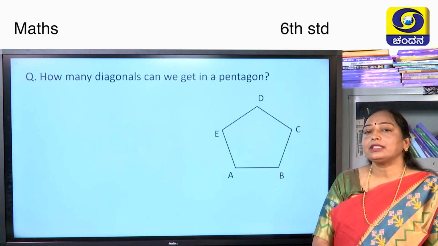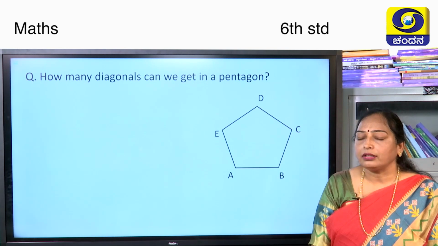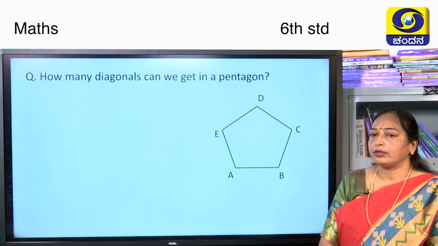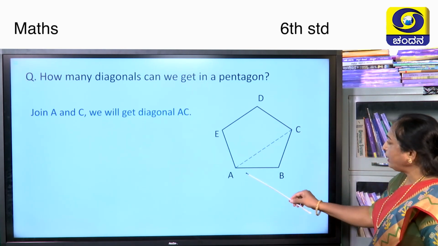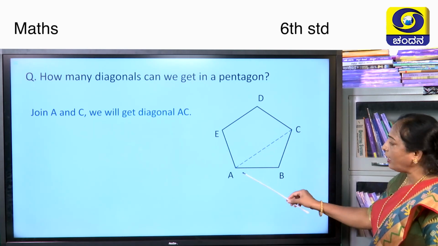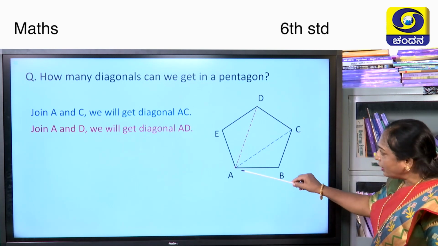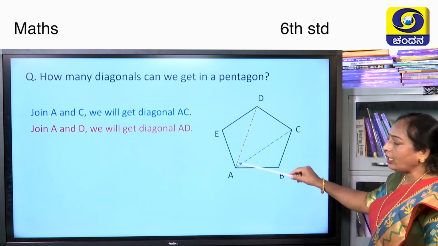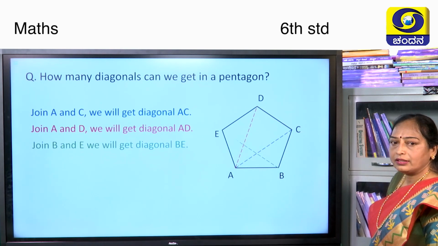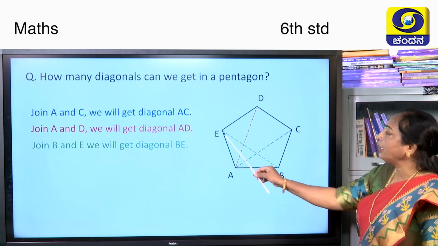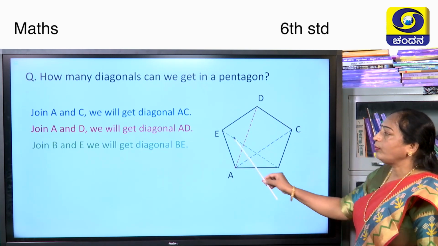How many diagonals can we get in a pentagon? Let's see now. Join A and C, we will get the diagonal AC. Next, join A and D, we will get the diagonal AD. Join B and E, we get the diagonal BE.